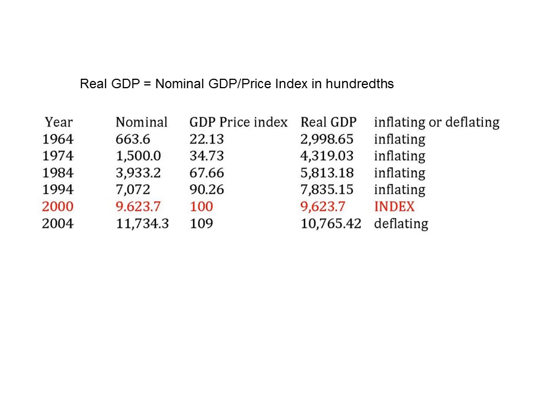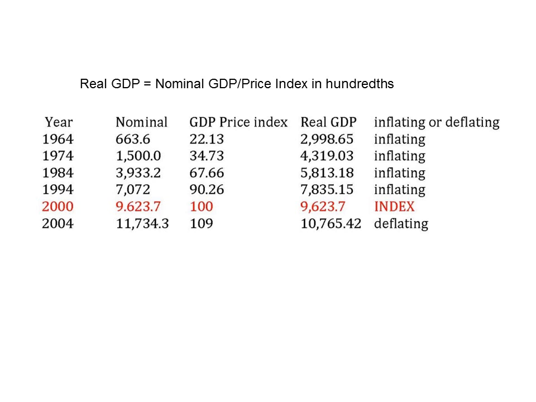How about the year 2004? That year is after the base year. In that year, nominal GDP was 11,734.3 billion. If we take 11,734.3 divided by 1.09, we get 10,765.42 billion. So in 2004, real GDP is actually less than nominal GDP.